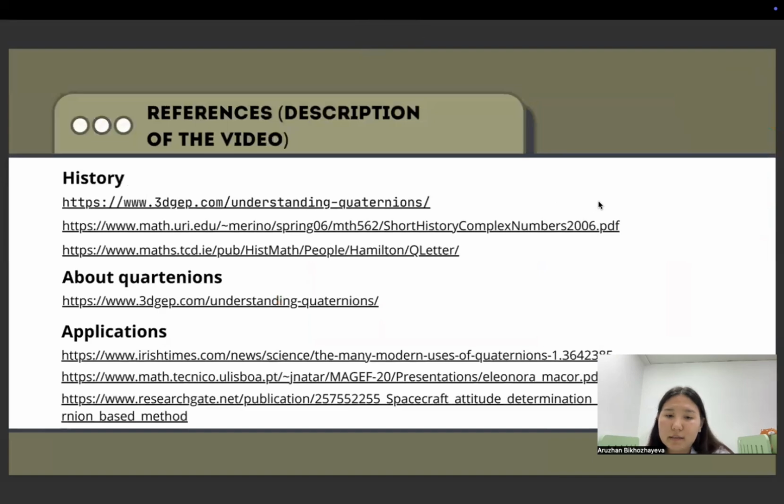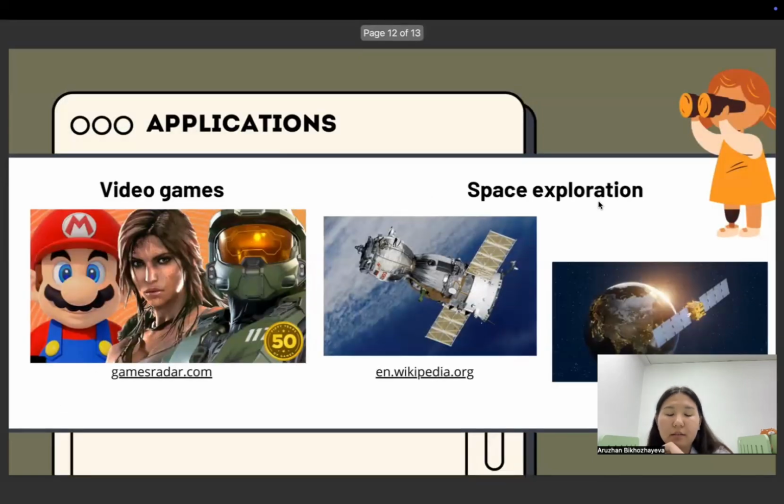As a conclusion, I can say that quaternions allow humanity to explore worlds, study the cosmos, and expand our understanding of the universe, all with incredible precision and efficiency. Without quaternions, many of the technologies we take for granted, like reliable air travel and space exploration, would face significant challenges. So, yes, that's the end, and thank you for your attention.